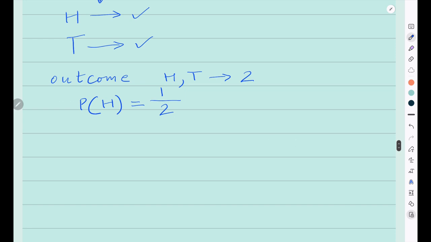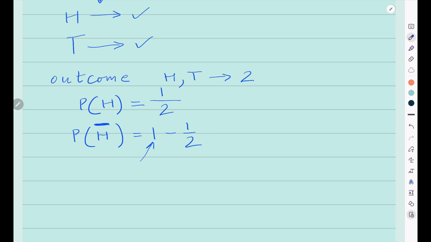Another thing, just to clarify all the concepts and nomenclature and the way we represent it. You might have seen this one: probability of H not happening. When we give a dash on top, it means probability of not happening. It means we just subtract it from 1. Why do we subtract it from 1?